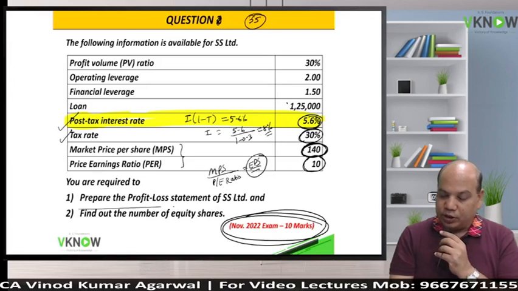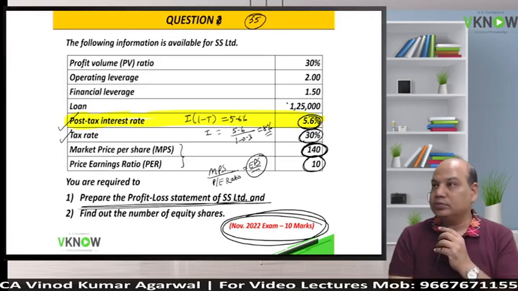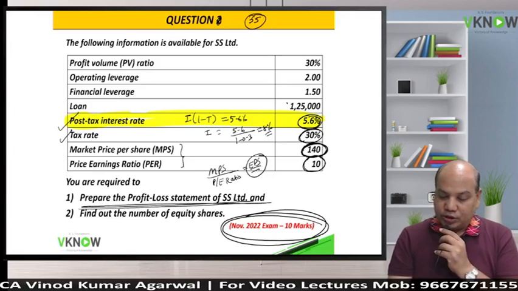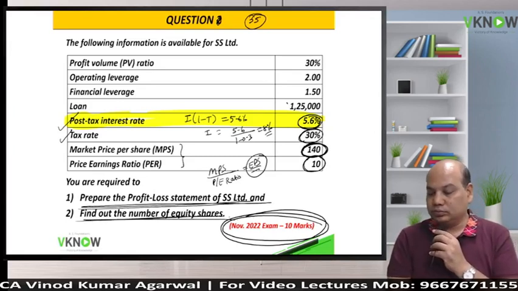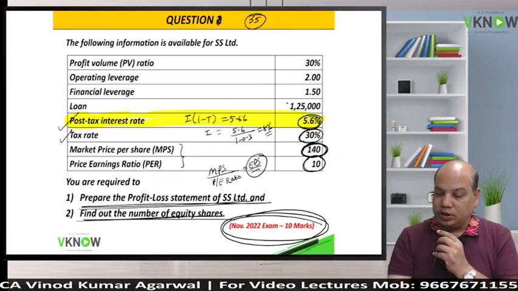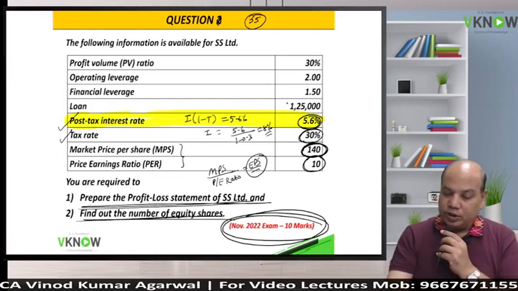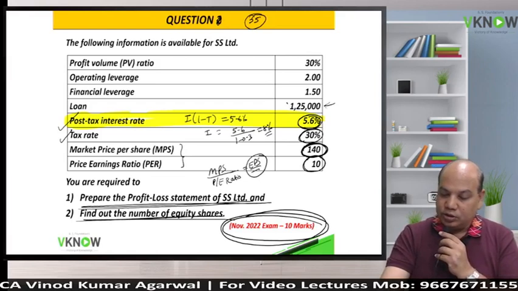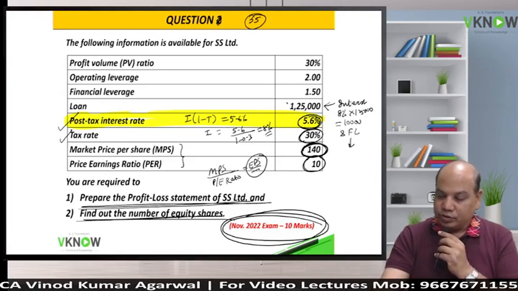Prepare the profit and loss statement of SS Limited, and then find out the number of equity shares. So what is my starting point? I will first find out the interest on loan, which will be 8% of 1,25,000. From interest and financial leverage, you can find EBIT.